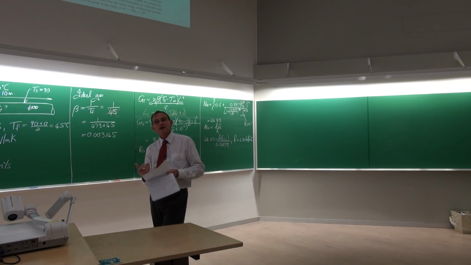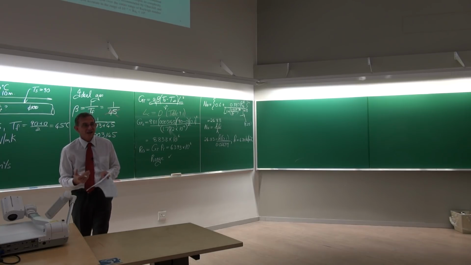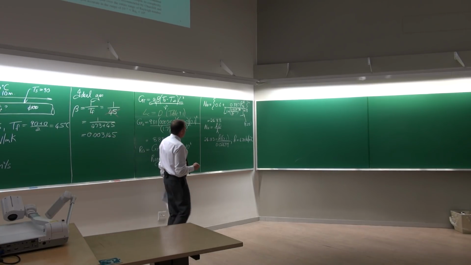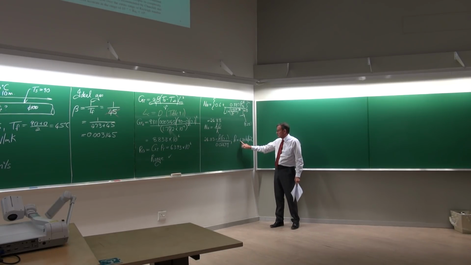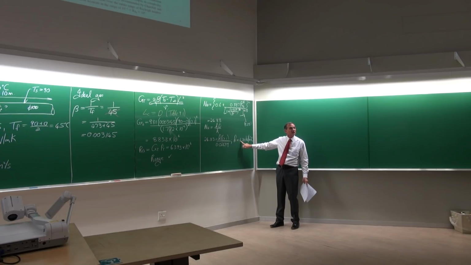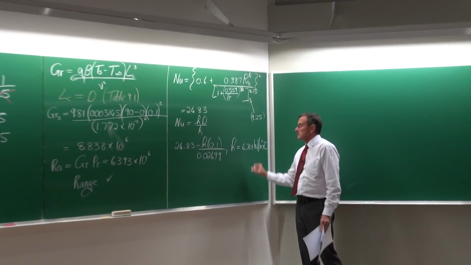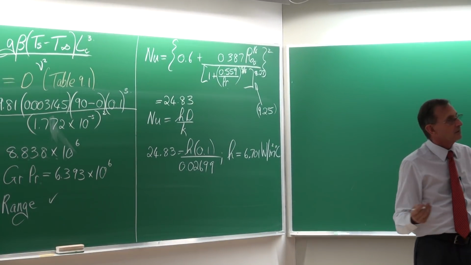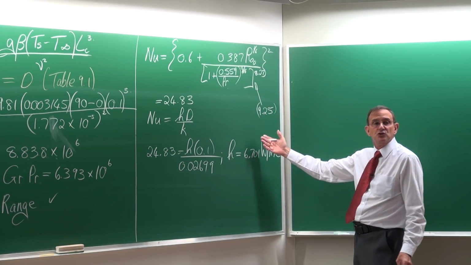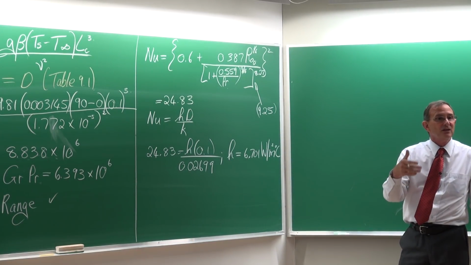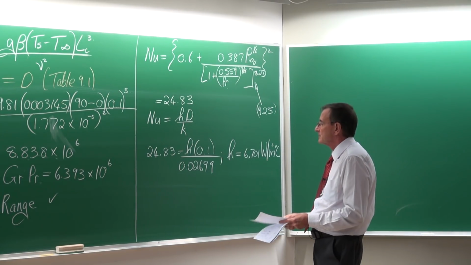And when you've got two-phase flow, like condensation or boiling, order of magnitude is 10,000. So now if you remember that and you calculated, for example, this heat transfer coefficient as 6,701, then the red lights should go on. Anything up to 10, 20, 30, 40, those are the typical order of magnitude of heat transfer coefficients for natural convection.